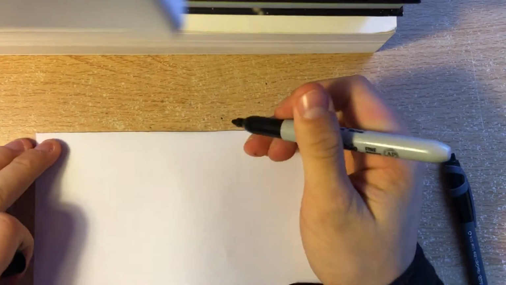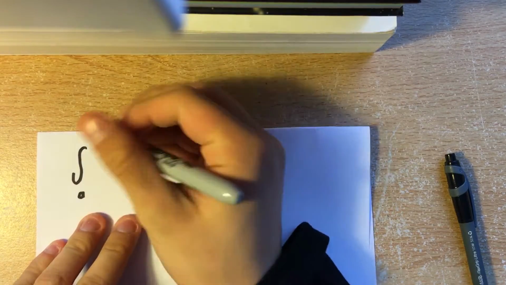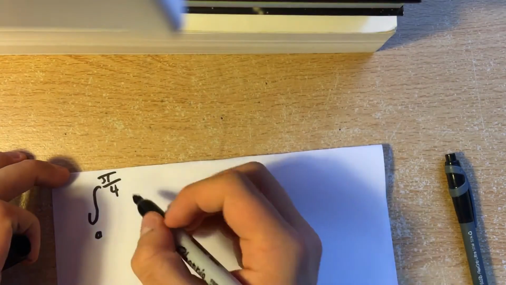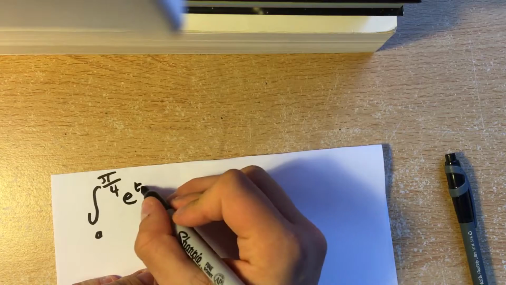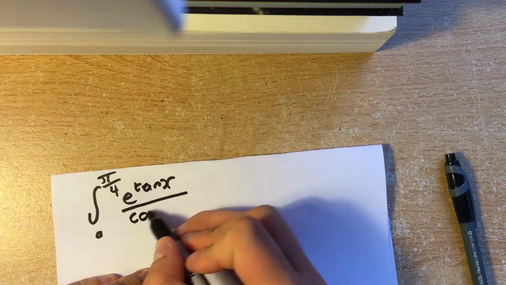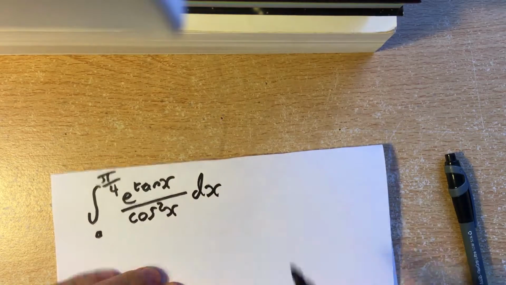So we'll do one more, and this will be a definite integral. So we'll need more space for this. Let's say we have the integral with the limits of 0 to pi over 4, and we have e to the power of tan x over cosine squared x with respect to dx.